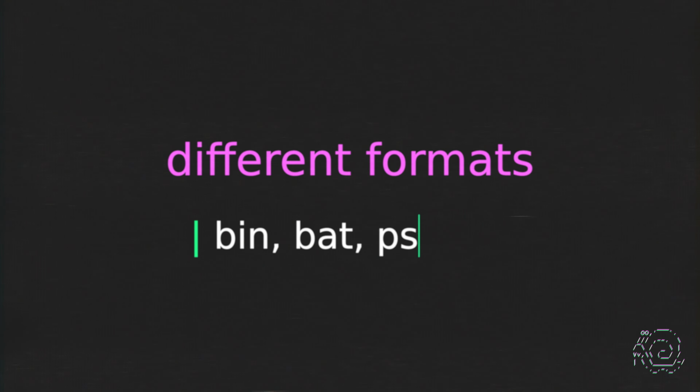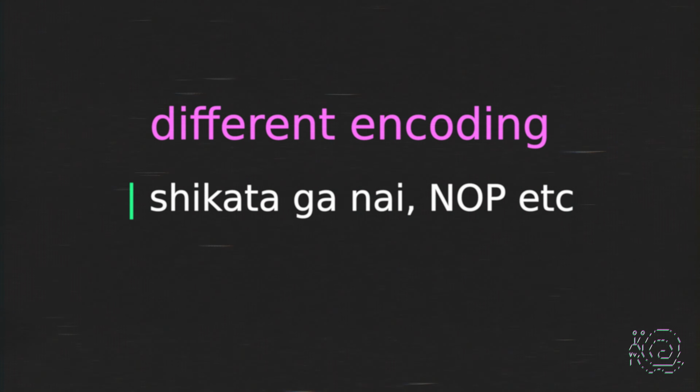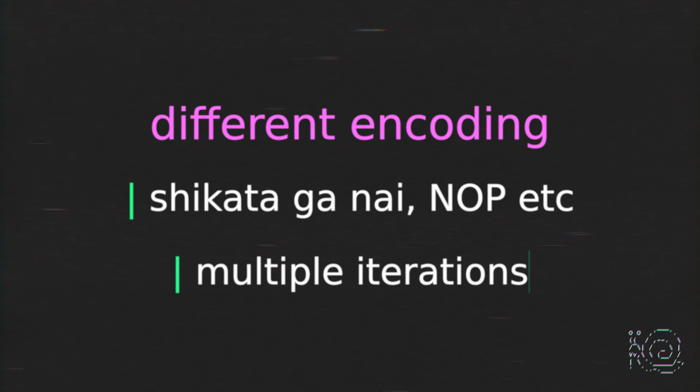If I change the format, perhaps Defender won't block it then. So I went through a whole gamut of different formats, but the result was always the same. And so then I thought, well, why don't I employ some of msfvenom's fancy built-in encoding, the Shikata Ga Nai or NOP, or we could even encode it multiple times for good measure, 10 iterations, crazy encoding, brah.